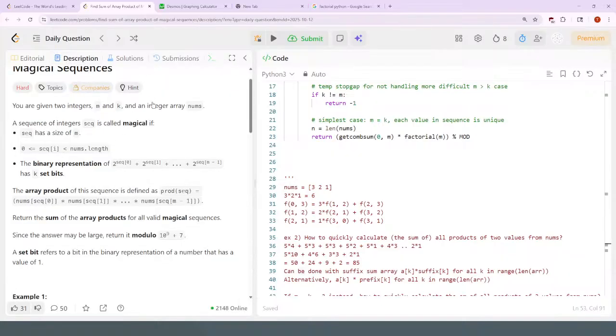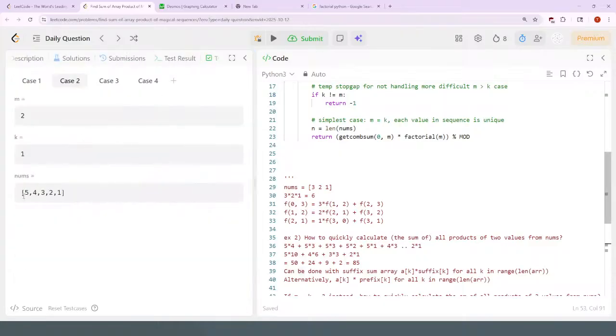So in this case, what is it going to do? So this would be something like 5 times 5 plus 4 times 4 plus 3 times 3 plus 2 times 2 plus 1 times 1.